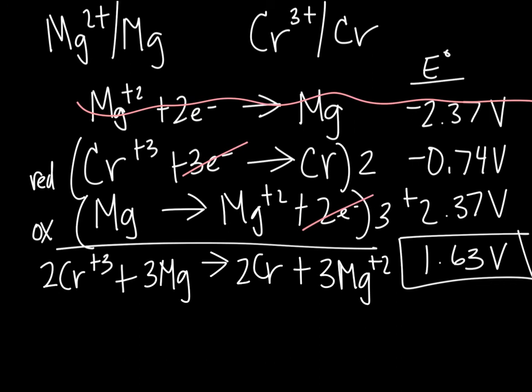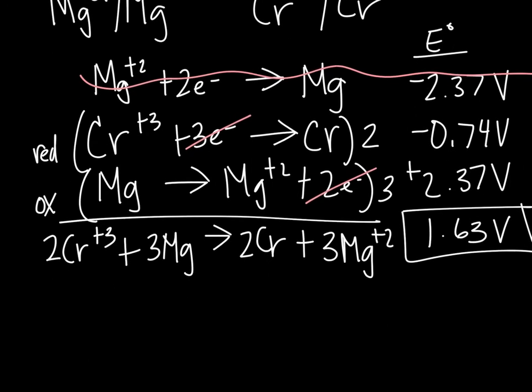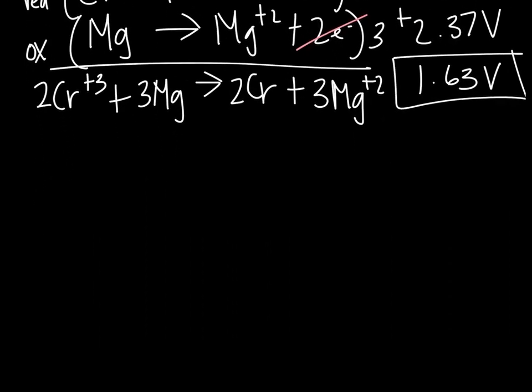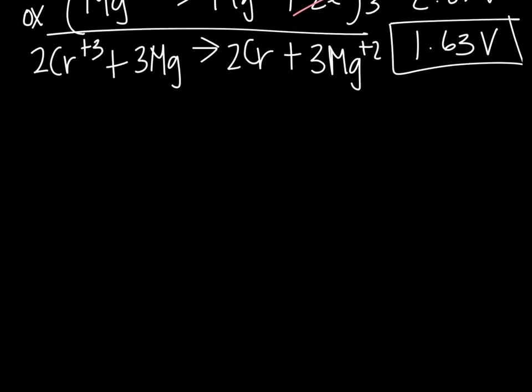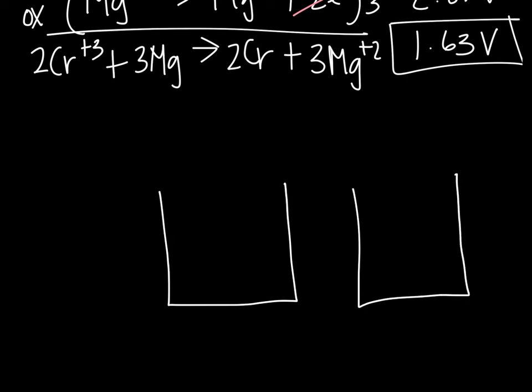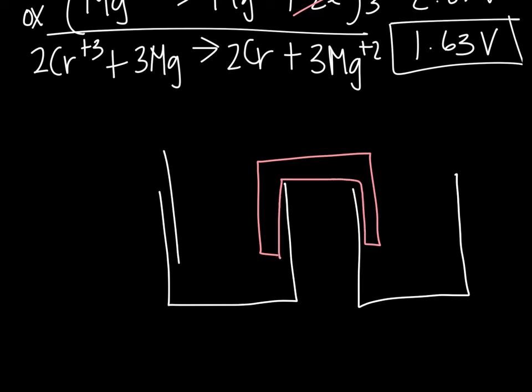Now we need to draw the picture and label everything. Okay, so let's do that. So let's move this up so we have room. Let's draw 2 beakers, 2 beakers side by side. They're connected with the salt bridge. You have 2 electrodes, 1 in each beaker.